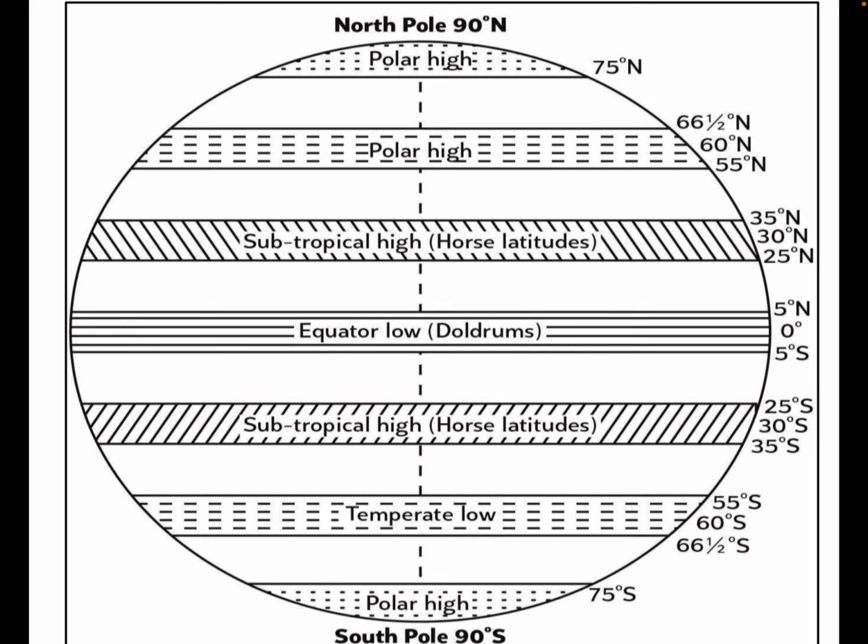So what do you mean by pressure belts? Belts mean a particular area on the Earth's surface, and that area has the same pressure. A pressure belt is the area which has the same pressure distributed throughout that area.